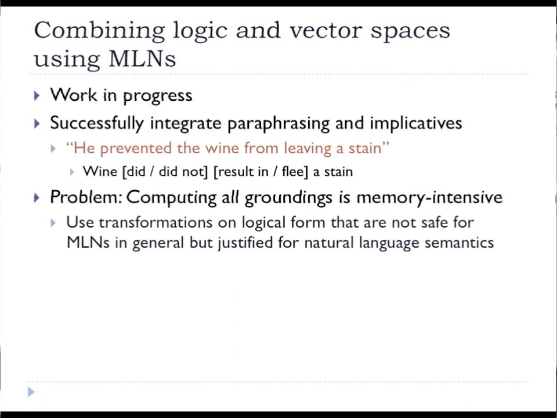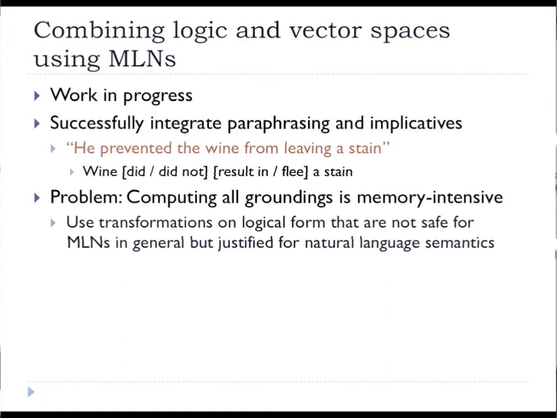We have been able to successfully integrate paraphrasing and implicatives. So if you prevent the wine from leaving a stain, then you have the question, does the wine result in a stain, or does "leave" here mean "flee"? But also, does "prevent" mean that it did or did not happen? And we can model the interaction of that.